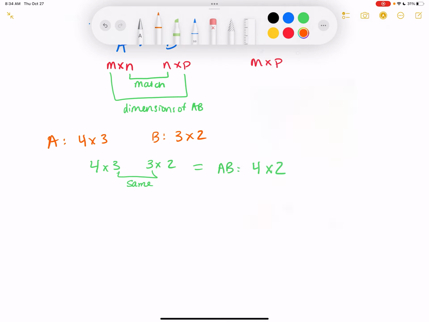But if you flipped them and you had that A is a 3 by 4 and you had that B is a 2 by 3, when you multiply those together, you have 3 by 4 and 2 by 3. These middle terms are not the same, so it is not defined.